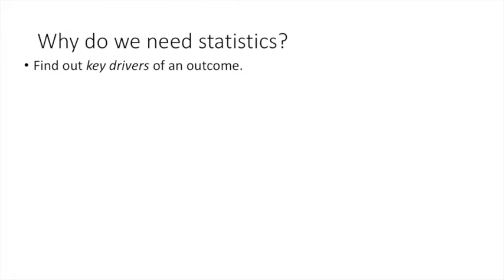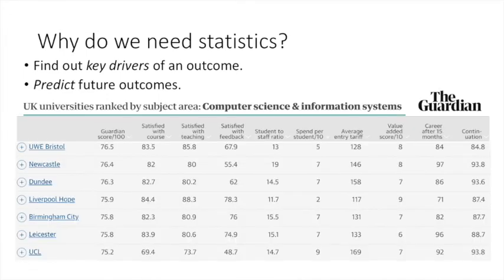Statistical methods are often used to identify key drivers behind an outcome. Often the same methods can also predict the outcome where the outcome is unknown. For example, consider the university guide produced by the Guardian newspaper, which ranks different universities based on a Guardian score.